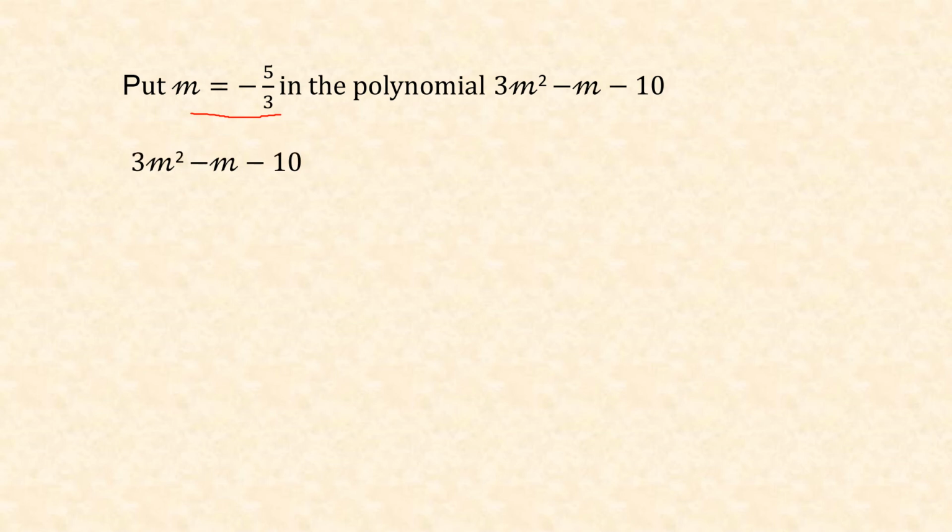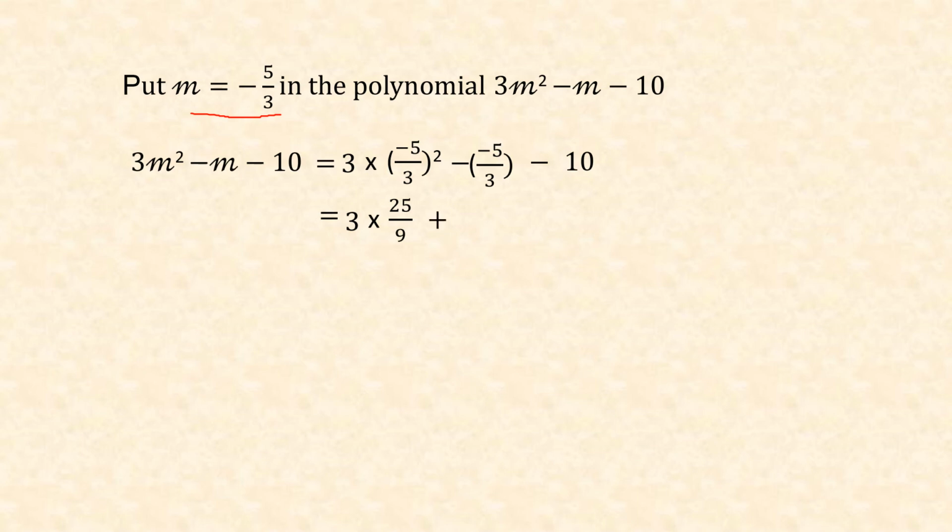3m square minus m minus 10 is equal to 3 into bracket minus 5 upon 3 bracket square minus bracket minus 5 upon 3 bracket minus 10. 3 into minus 5 upon 3 square, that is 25 upon 9, minus minus, plus 5 upon 3, minus 10.